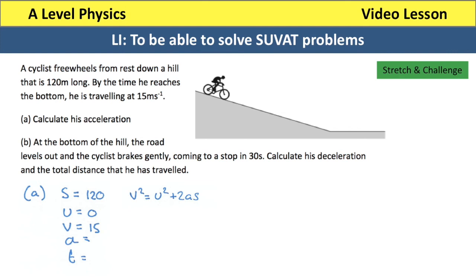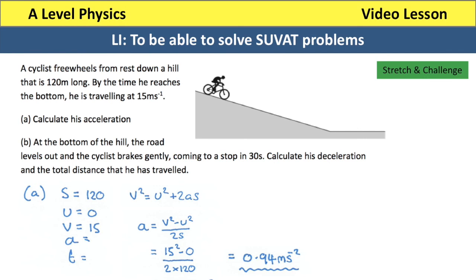But I can't just take off 2 and s because they are being multiplied by a, so we have to divide by them to get acceleration is v squared take u squared over 2s. We then substitute the values in. The final speed was 15, u was 0, and of course the distance was 120, so the value comes out as 0.94 meters per second squared.